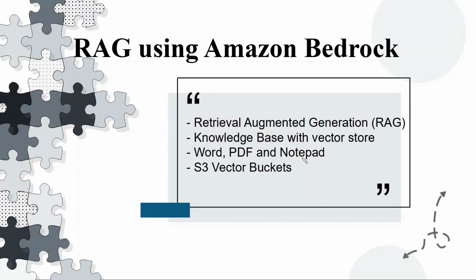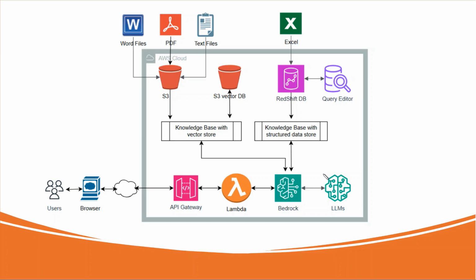We're going to learn how to bring that data into AWS, into the RAG product, into the knowledge base, using a technology called S3 vector buckets. Then we are going to ask some questions to the AI engine and it will answer based on the information stored inside the Word, PDF, and Notepad.